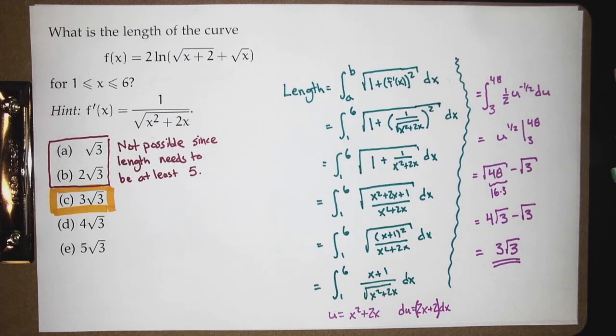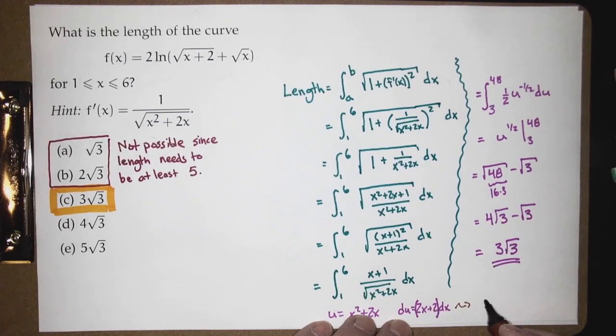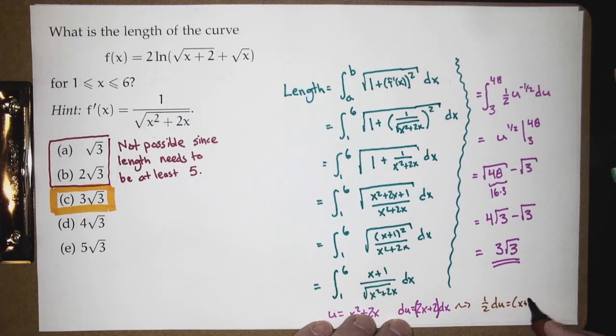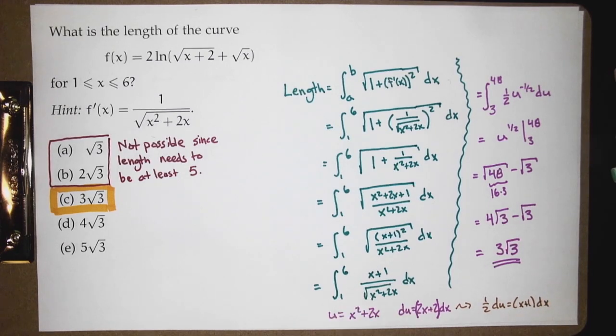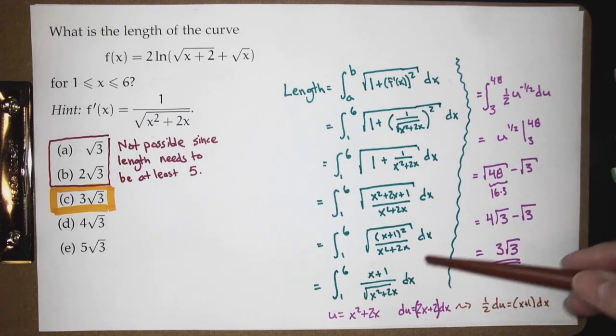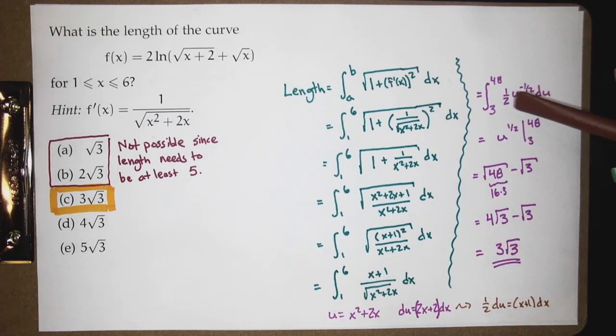Really close. Now you might say, how close? Off by 2. Now the nice thing about 2 is it's a number. We can deal with numbers. Another way we could have written this du is if we divide both sides by 2, 1/2 du is x plus 1 dx. So that, lo and behold, the x plus 1 dx becomes du times 1/2.